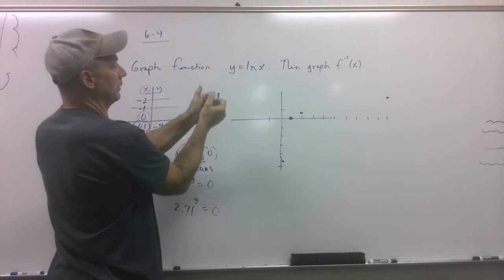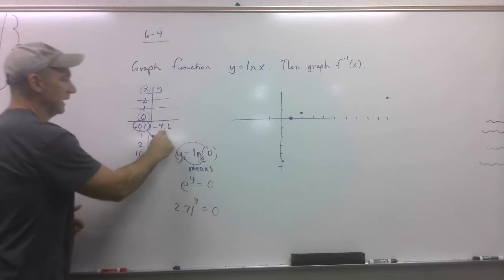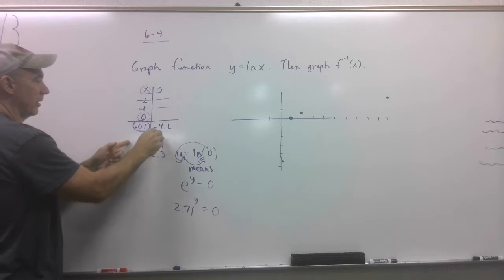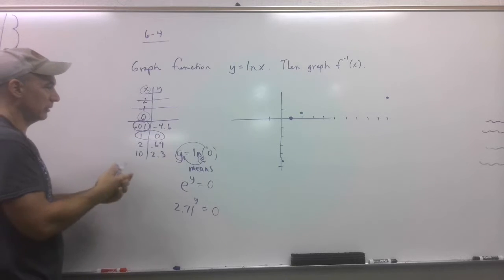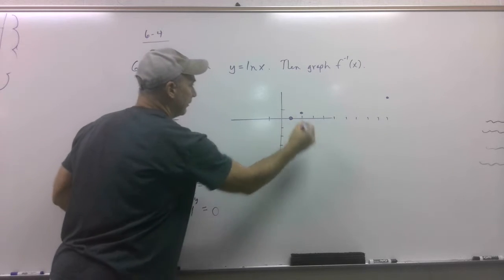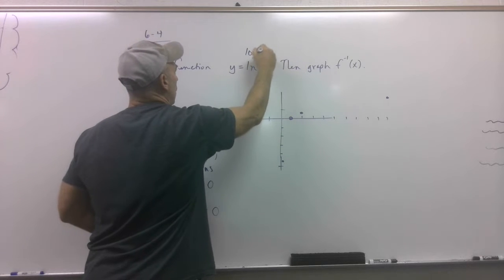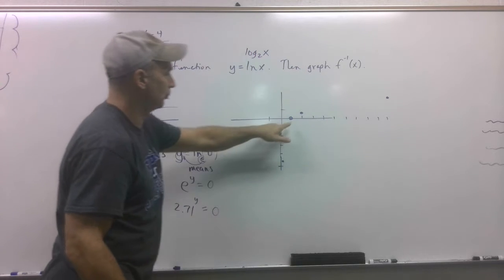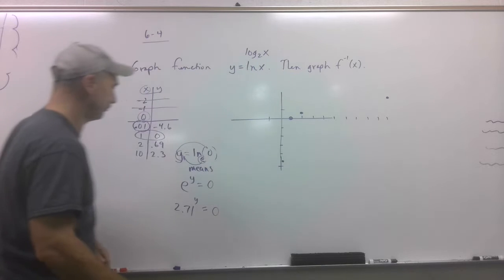I took natural log 0.01, enter. I got -4.6. There's our buddy. There's our anchor, 1, 0, always. So even if it's a log 2x, it's going to go through there. So just get used to that.